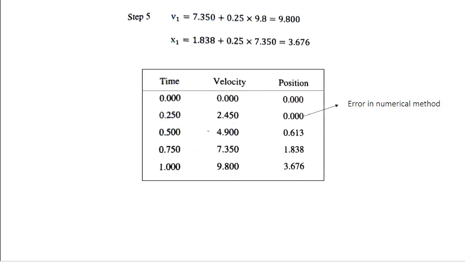And as I said, in each subsequent step, the error is going to get compensated. When you reduce the step size, the number of iterations increases, the number of steps increases, so the error is going to get more compensated. That's one technique you can use, but remember that you cannot avoid this. This is inherent in numerical techniques.